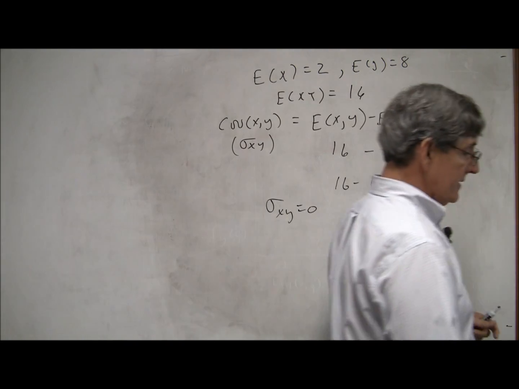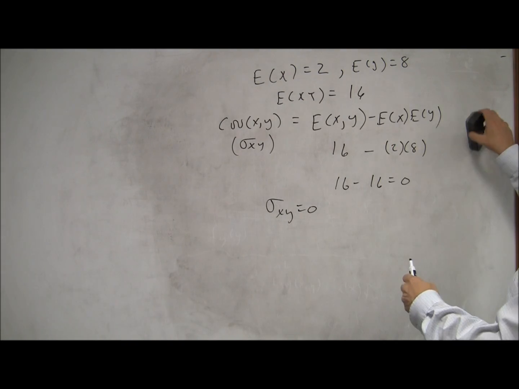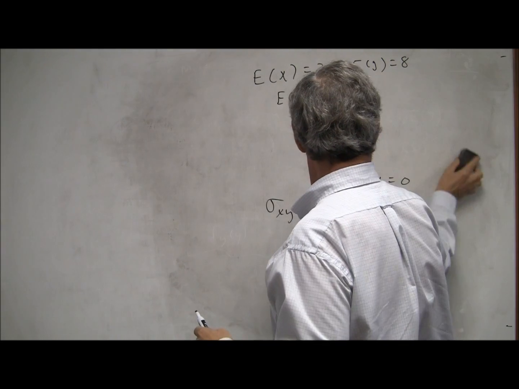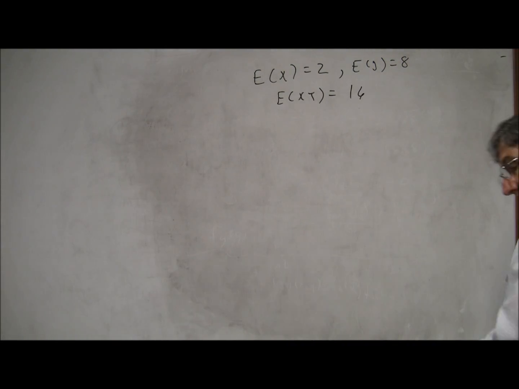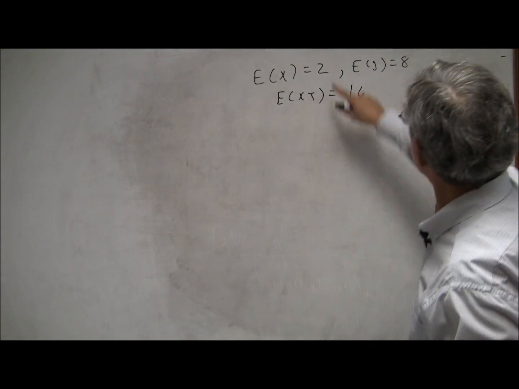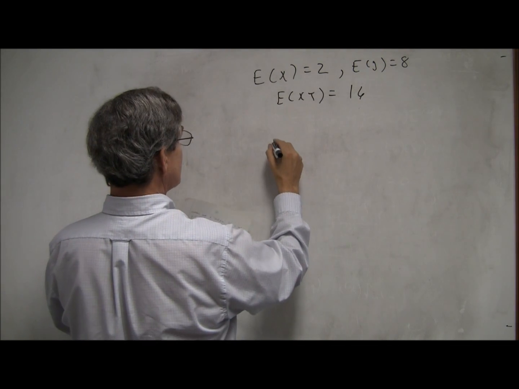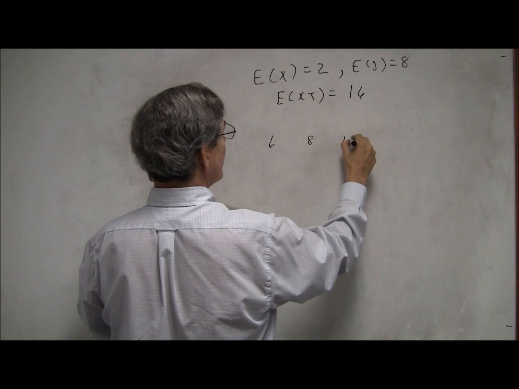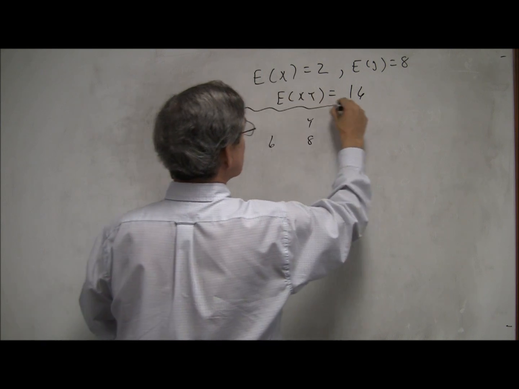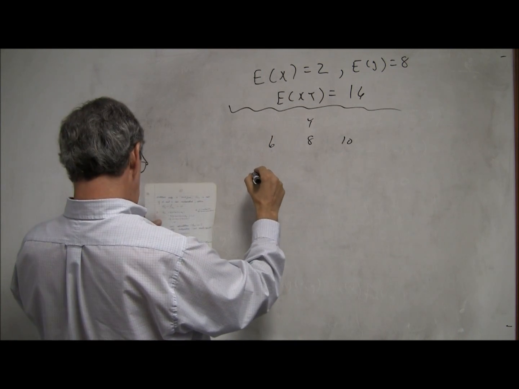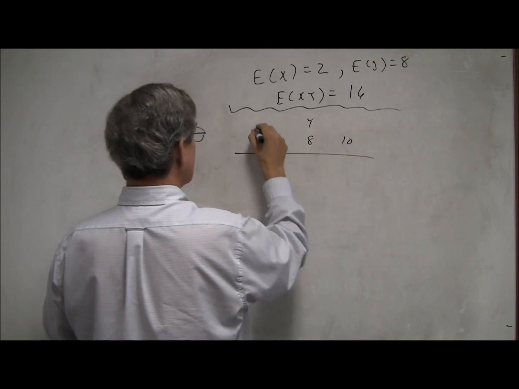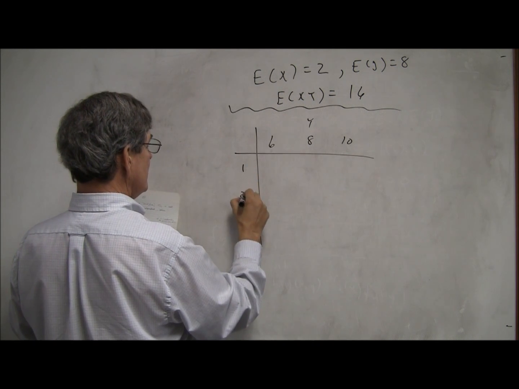By the way, let me go back and put the numbers up again. I'm going to show you where these came from, just in case you're not sure of that. So y was 6, 8, 10. These were the y values. The x values were 1, 2, and 3.